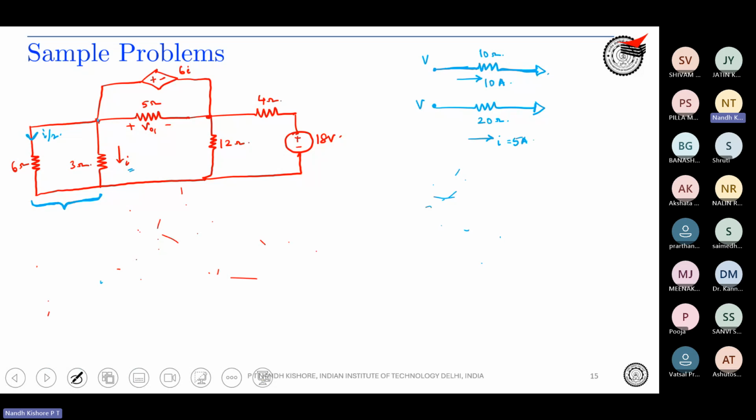From this node, you see that as far as current I is concerned, there is I by 2 going over here and I going over here.